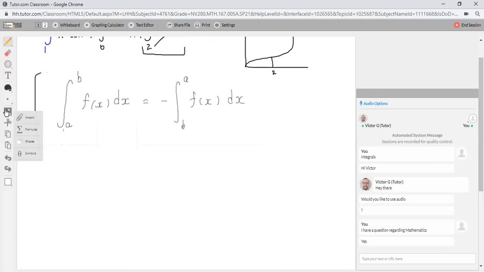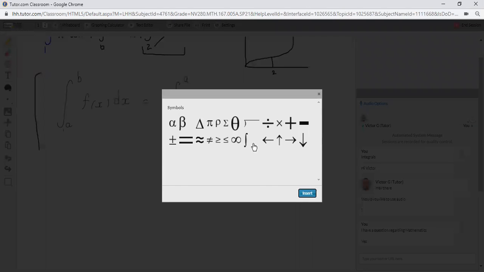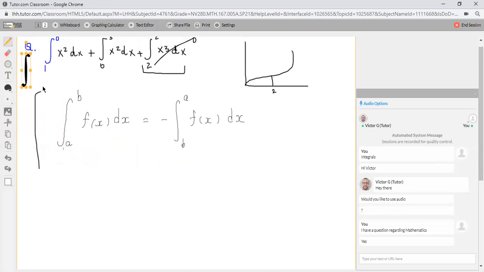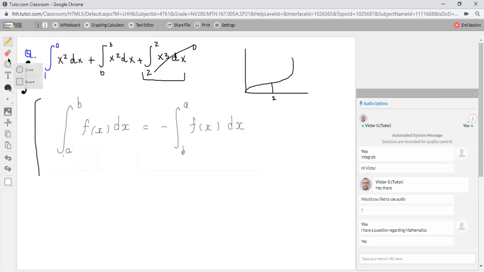Okay, awesome. I also found this over here on the side in the tools.